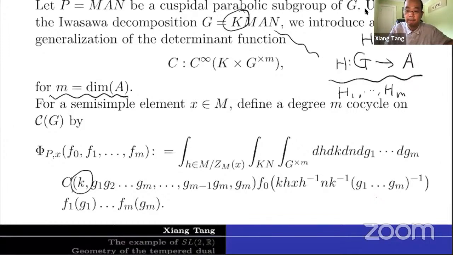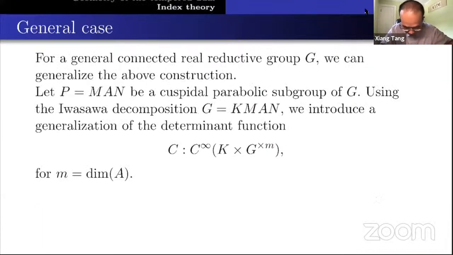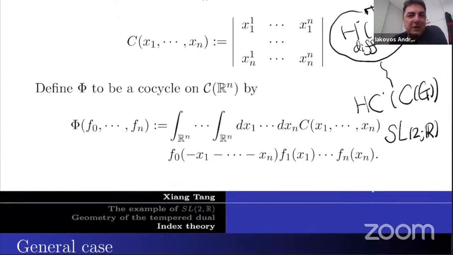So I see Jacobus also has a question. Hi, Ken. I'd like to go back to Richard's observations about the assembly map. There is a paper by Nigel Higson and Jonathan Block, I think, where they recover the Weyl character formula from the Baum-Connes assembly map.